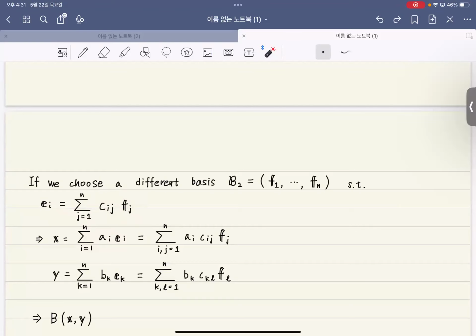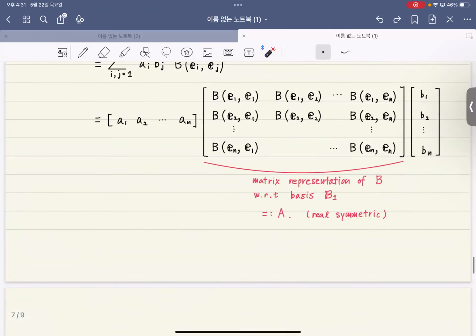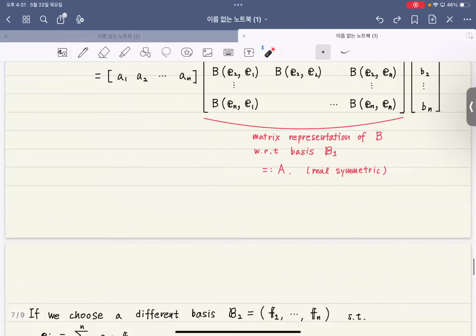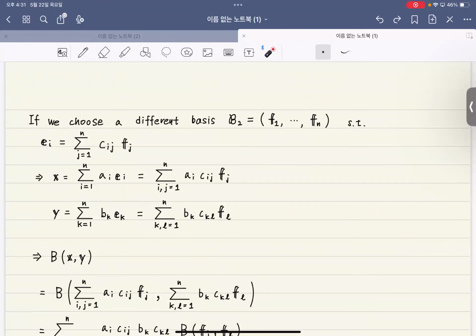Well, previously my X was written as a linear combination of the basis vectors e, but if you replace this e_i by this expression, then you get that expression for the same vector X. Again here, because I am feeling lazy, I just combine these two summations into one.